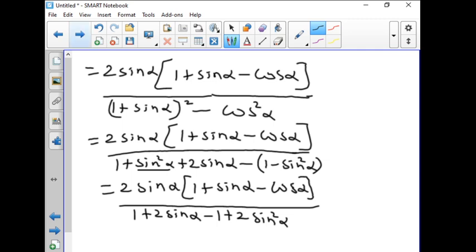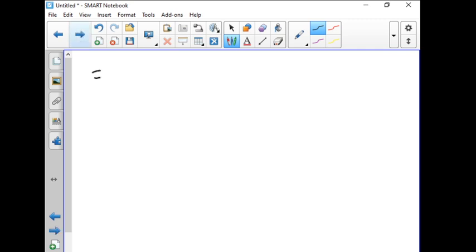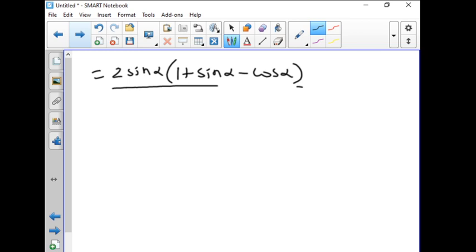So now this is equal to 2 sin alpha into 1 plus sin alpha minus cos alpha by, we get 2 sin alpha plus 2 sin square alpha, plus 1 and minus 1 get cancelled.